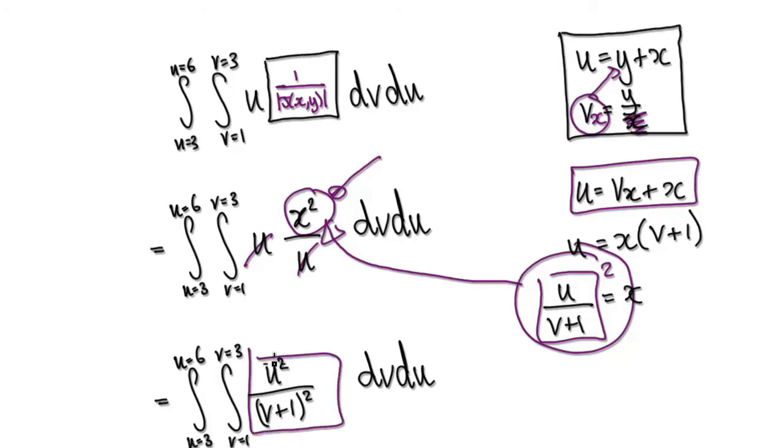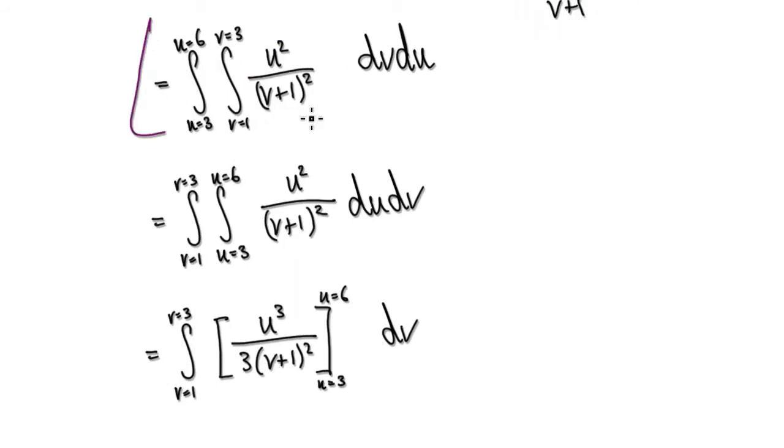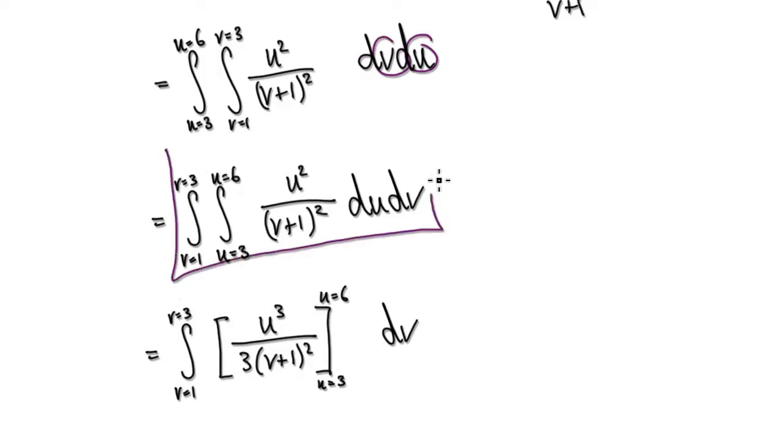Okay, so we are now currently at this stage. Looking at this, it's easier to integrate with respect to u first. So I want to change these two around, because integrating with respect to v is slightly harder. So let's switch these two around, and that will give us this. So now integrate it with respect to u.